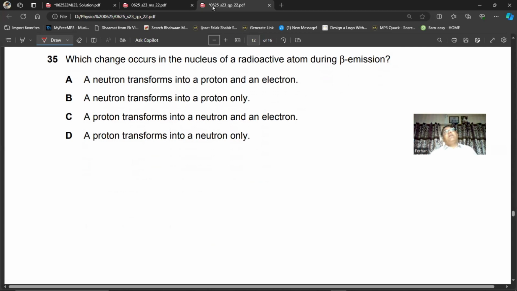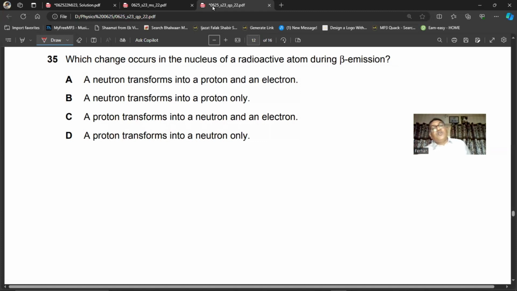You see, when a beta particle is given from a radioactive isotope, in the daughter nucleus, the proton number increases by one and the neutron number decreases by one. The mass number does not change. Proton number increases by one, the neutron number decreases by one.